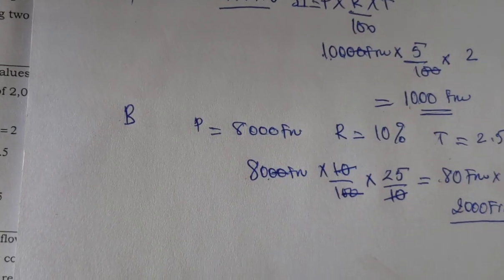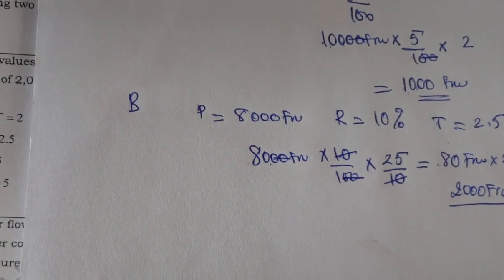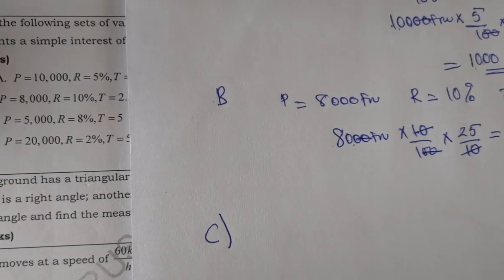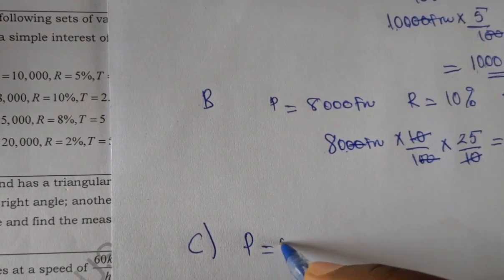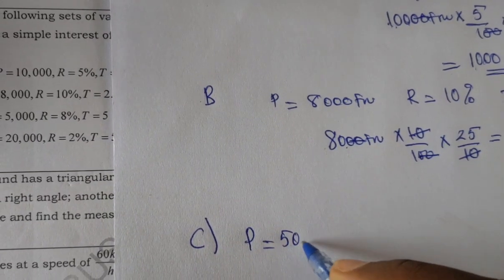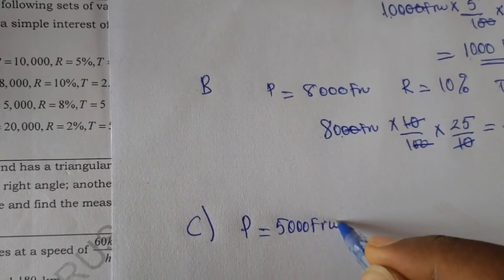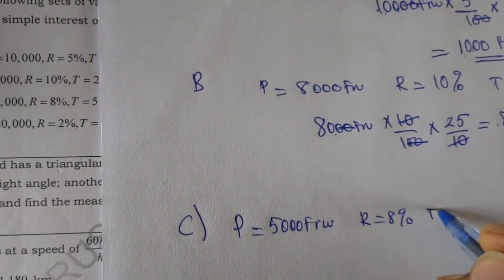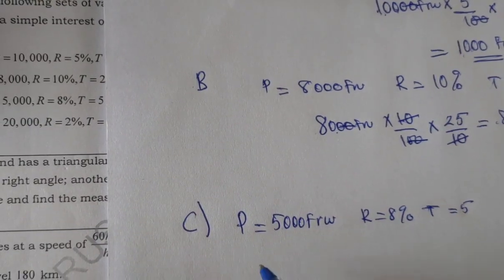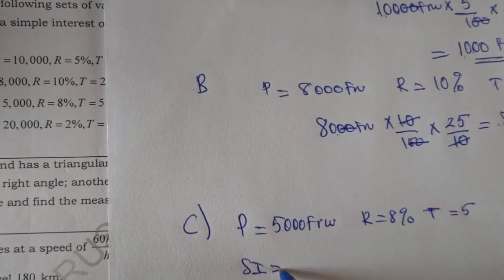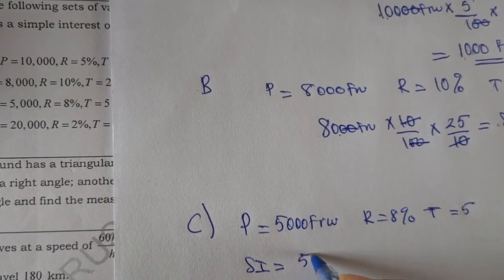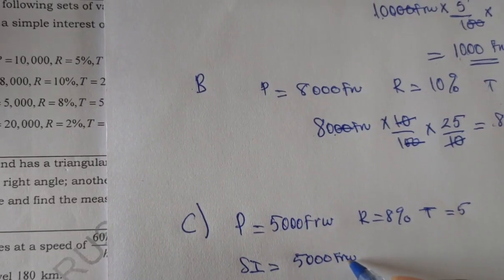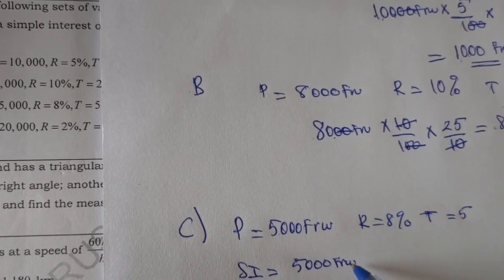To mean that choice number B can be possible, and also we are going to check for choice number C whether it can be 2,000 also. Then for choice number C, principal is equal to 5,000 Rwandan francs, and then the rate is 8%, and then time is 5 years. And then simple interest, as we know, is equal to principal times rate times time. To mean I'm going to take that amount, I multiply by rate, and then also I multiply by time.